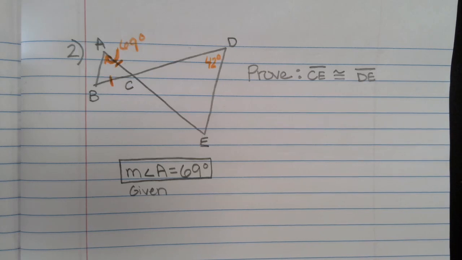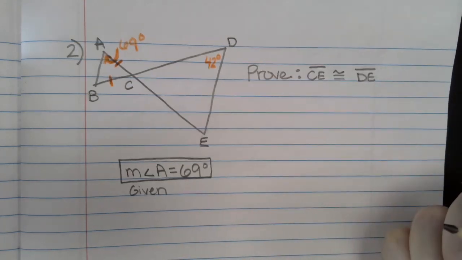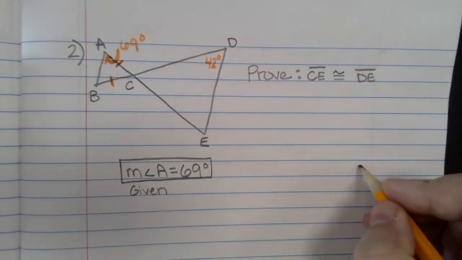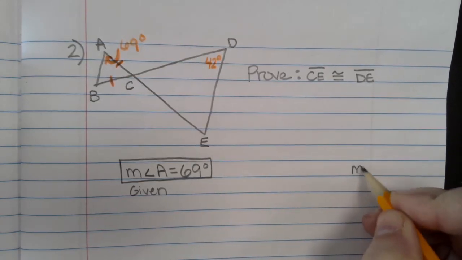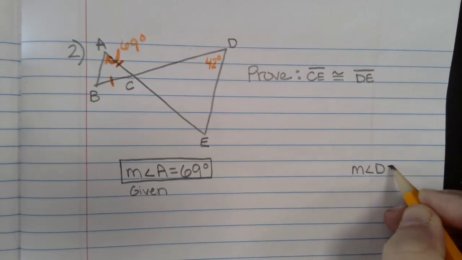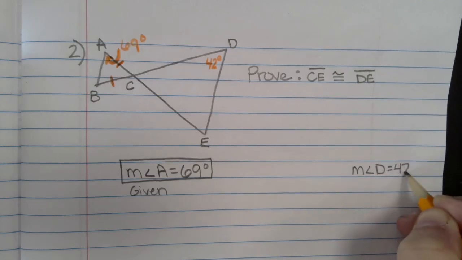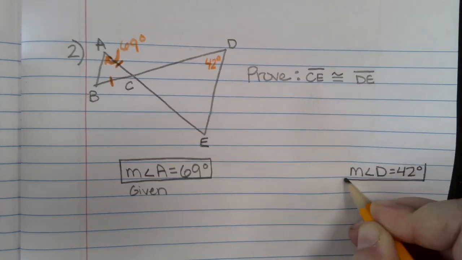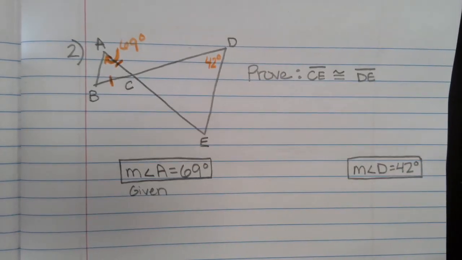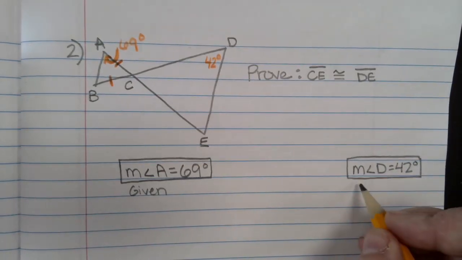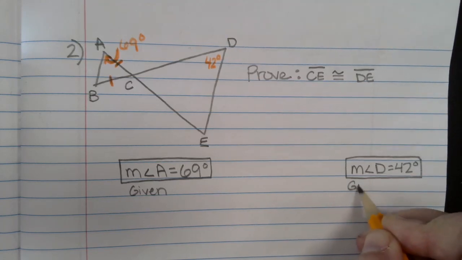What else do we know? Good, angle D. I'm going to actually put that a little bit closer to the side here. Measure of angle D is 42 degrees. And again, that's given.